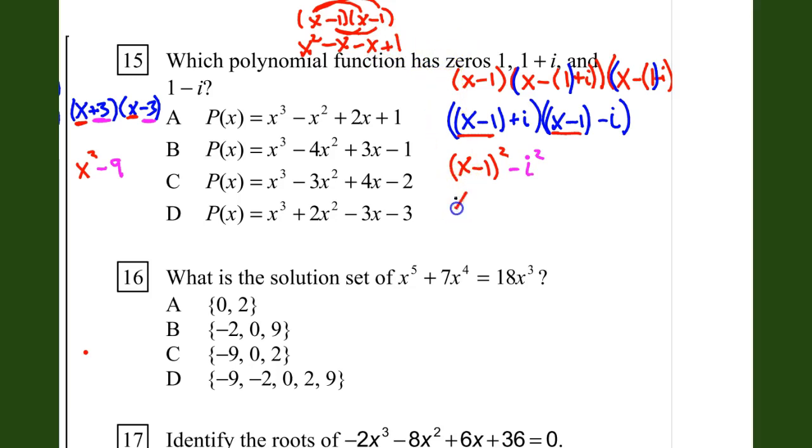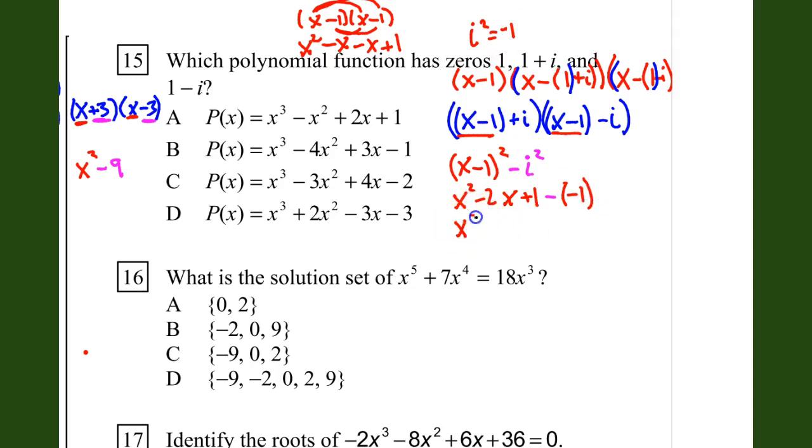So this becomes x squared minus 2x plus 1. But then we have this minus i squared. You might recall that i squared equals negative 1. So this is going to be minus a negative 1.